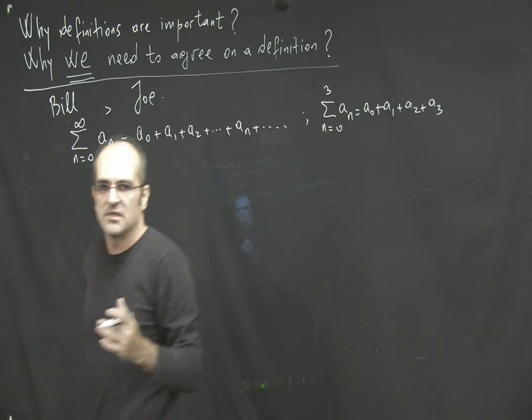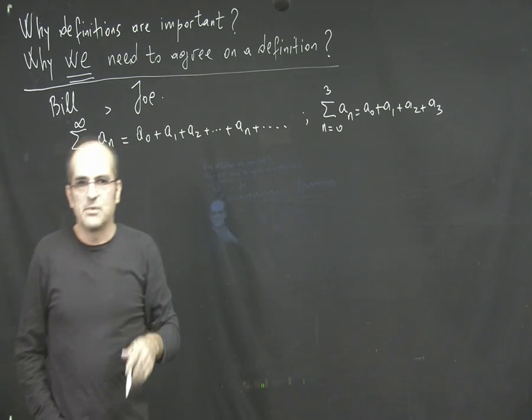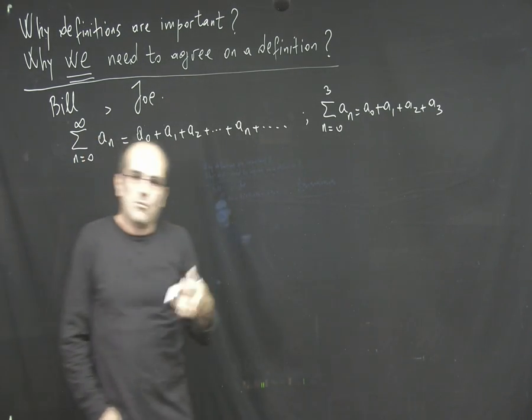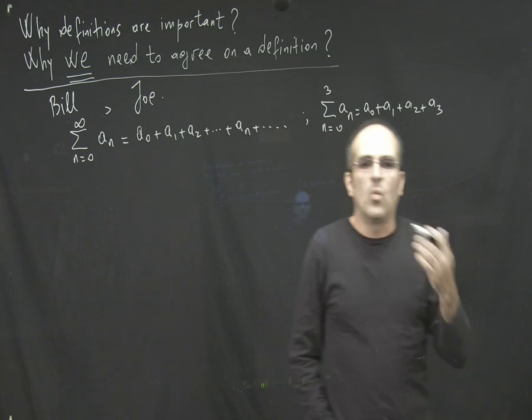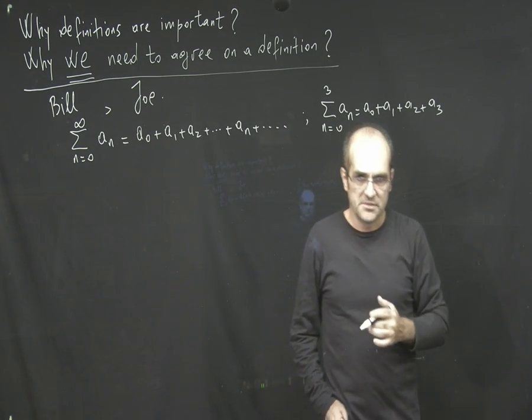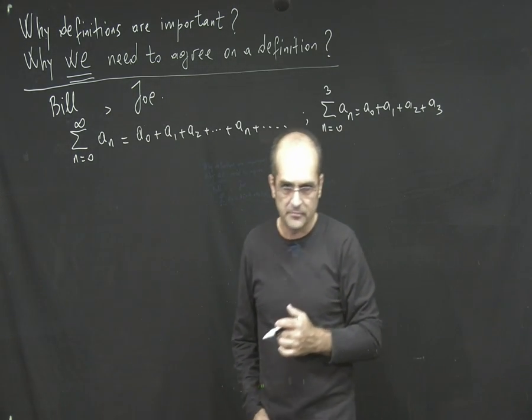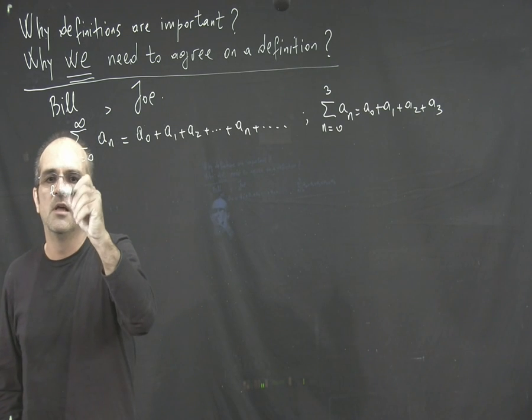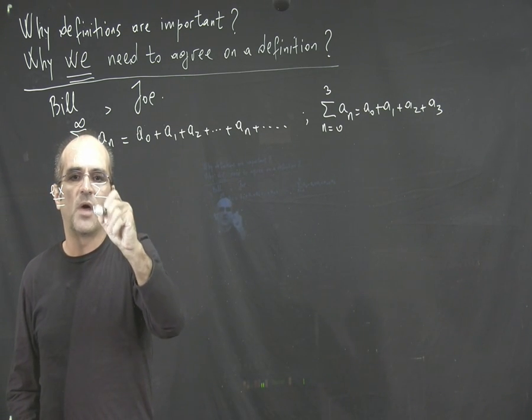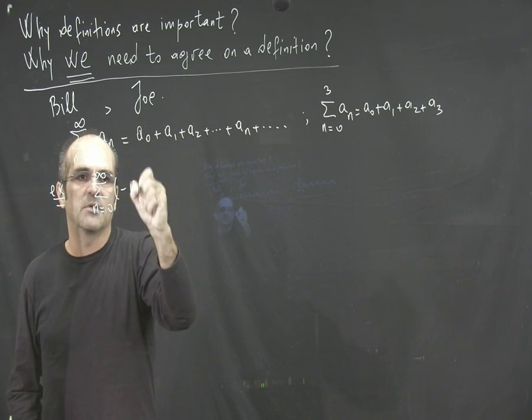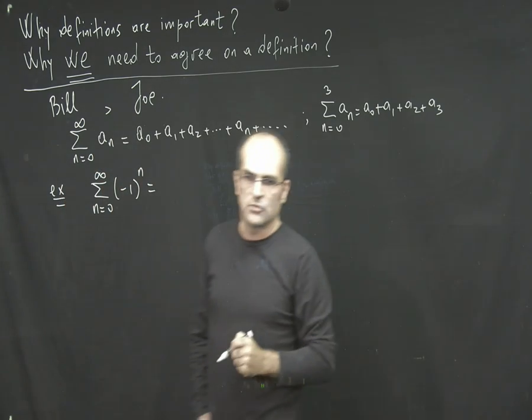Suppose the two students in our story start with an example, or they start with more examples, but let's say they stumble upon one example where they have some disagreement on how to proceed. For example, they want to figure out how to add these numbers in a series, (-1)^n from n equals 0 to infinity.